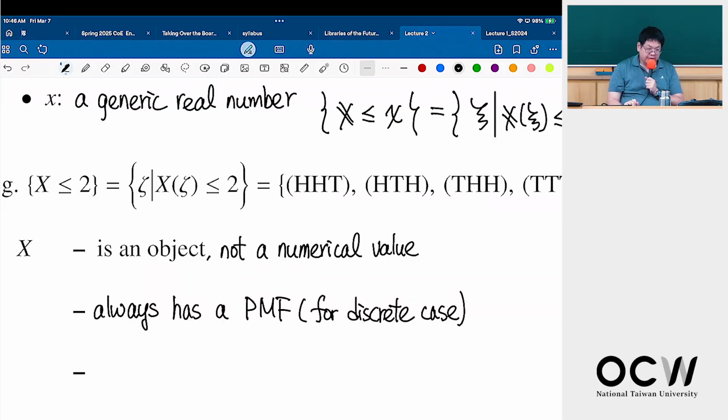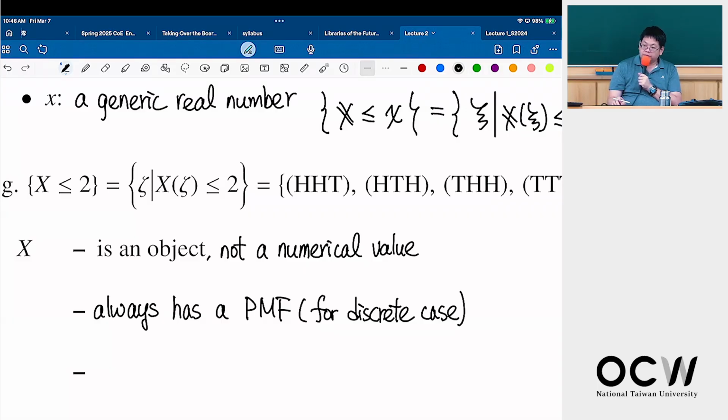But for the random variable X, I can flip the coin 2 times, 3 times or 4 times. Then they will assign the possible outcomes to the real line, and this number will be different. If k is the number of heads, and I just flip the coin 2 times, this number could only be 0, 1, 2.